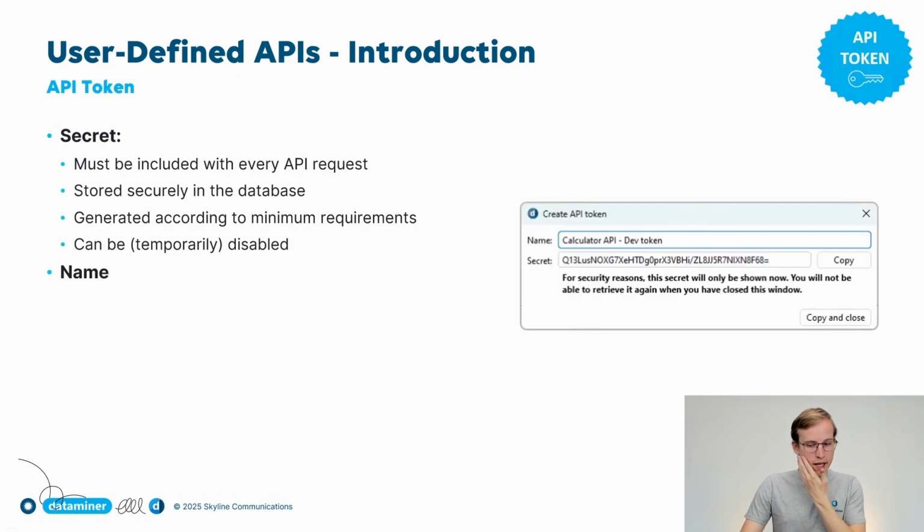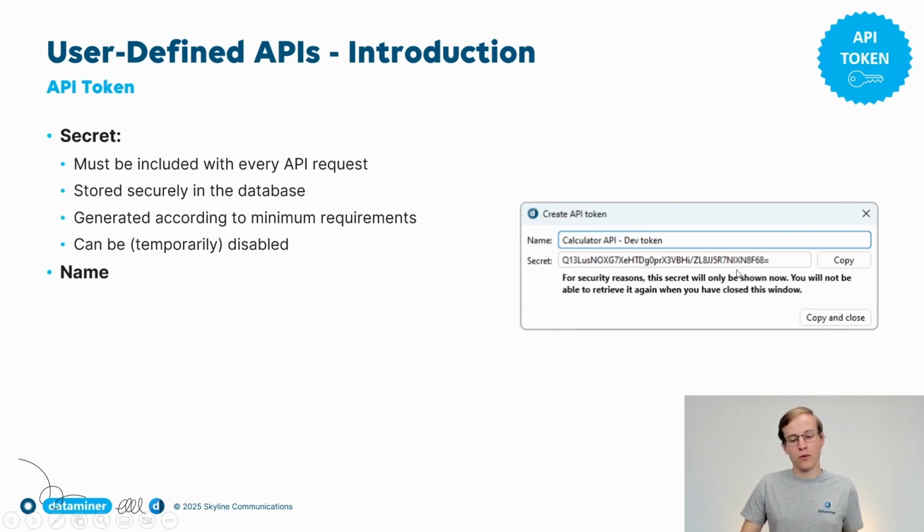So if we move along to the next object, we already have talked about the API script. Let's delve a little bit deeper on the second one, API token. An API token object is actually very simple. It just contains a name and a secret. You can see this on the right here, a visualization of the Cube UI where you have the name here and then a secret.